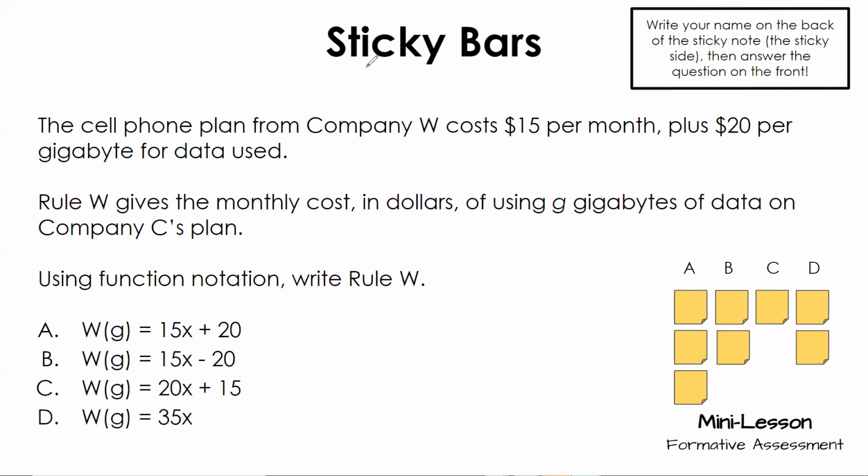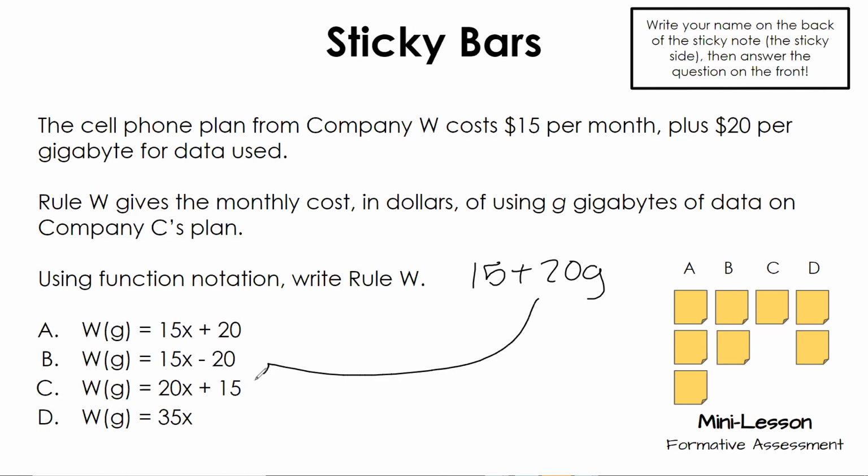A cell phone company costs $15 per month plus $20 per gigabyte. Okay, a lot of y'all I'm seeing are putting D. No. Okay, so let's talk through it. We've got $15 per month, and then it's $20 per gigabyte.